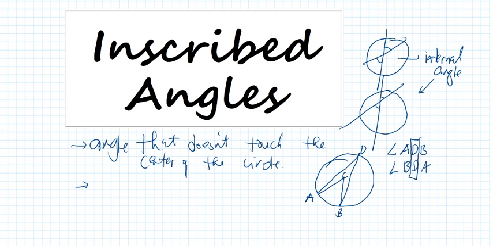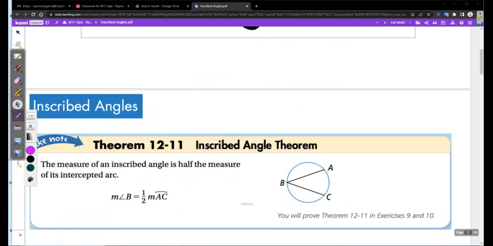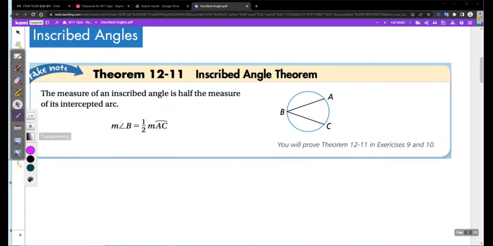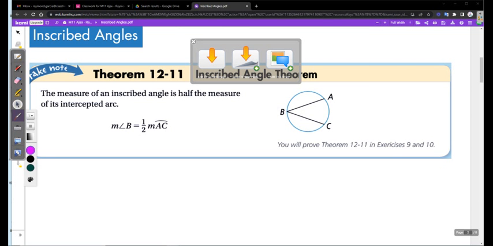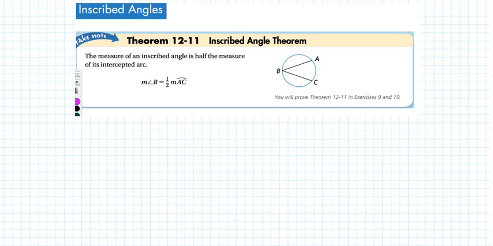So what is the theorem for that? Here is the theorem that you're going to take note of, gentlemen. For the inscribed angle, there is a relationship that they are creating. Can you see the relationship?